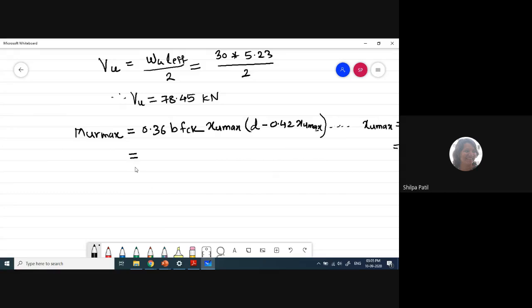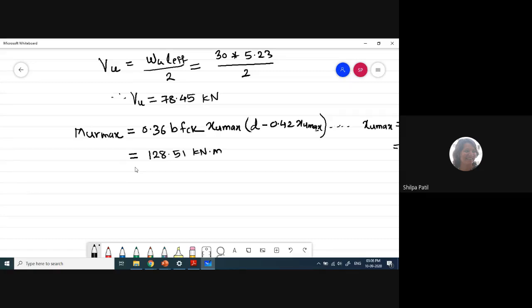But for different grades of concrete and steel, you need to mug up the Ru max values. So I always go to the basic formulas which we use for getting those design constants. So put all the values and tell me the value directly. Mu,lim: 128.51 kilonewton meter.